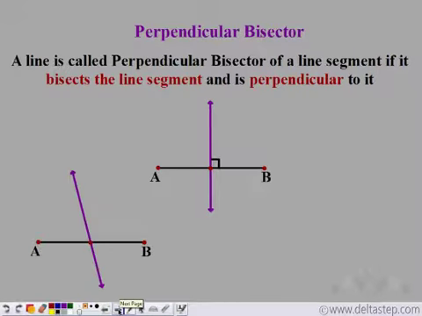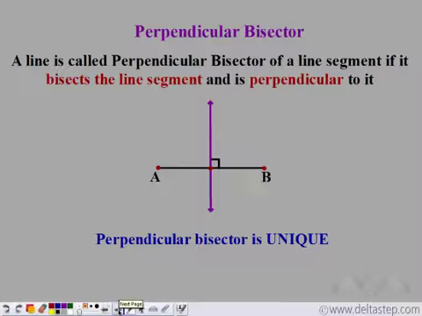If we look at this line, it bisects AB because this part is equal to this part, but it is not perpendicular. So this is a line bisector of AB and not a perpendicular bisector of AB. So for a line or a line segment to be a perpendicular bisector of AB, it should divide AB into two equal parts and it should be perpendicular to AB.